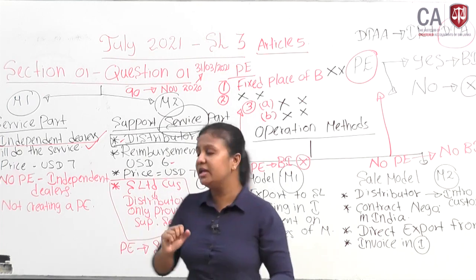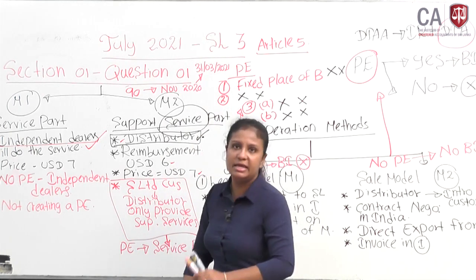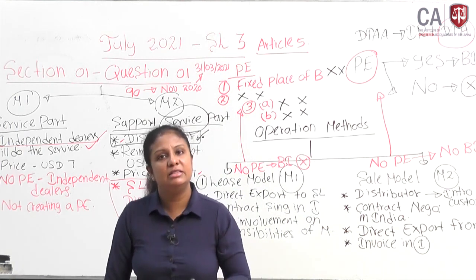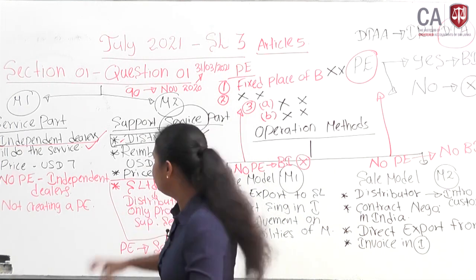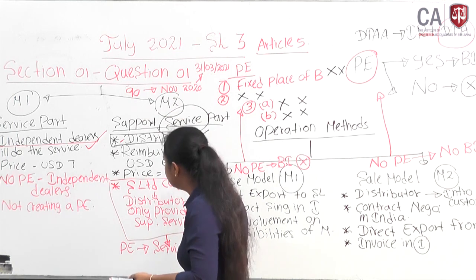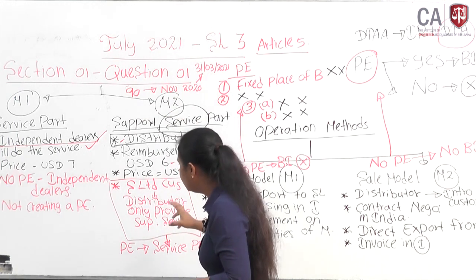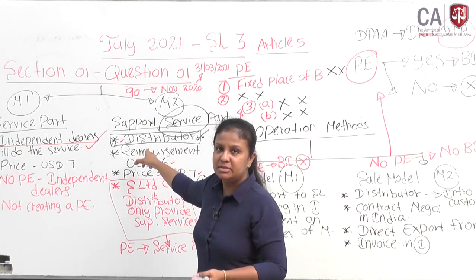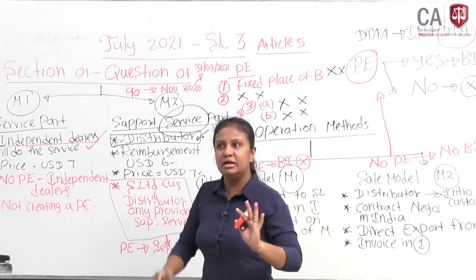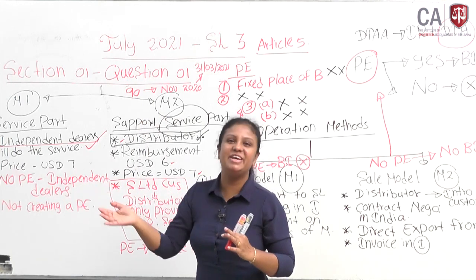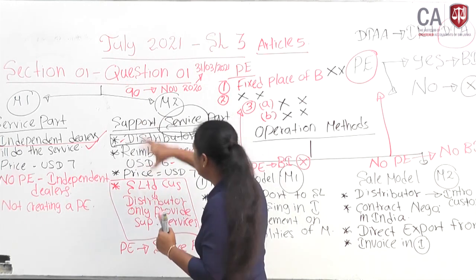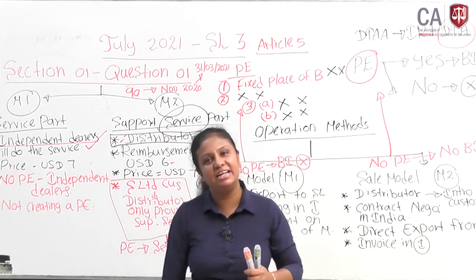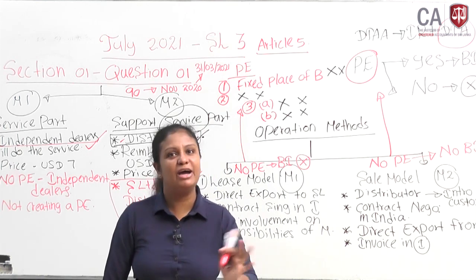Then strongly you can go for the service PE before going for the dependent agent PE, because this is a personnel who was appointed only for the support services. You can apply the service PE very clearly under Article 5. I think I have cleared that.